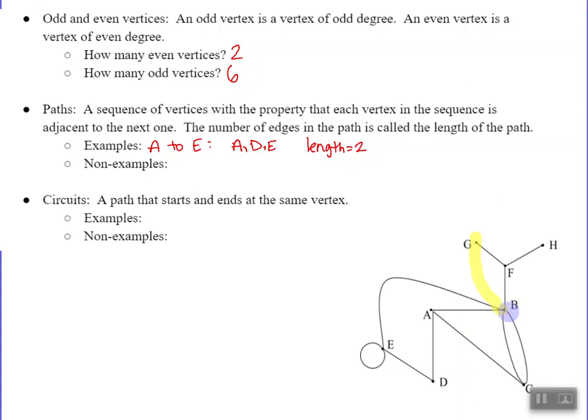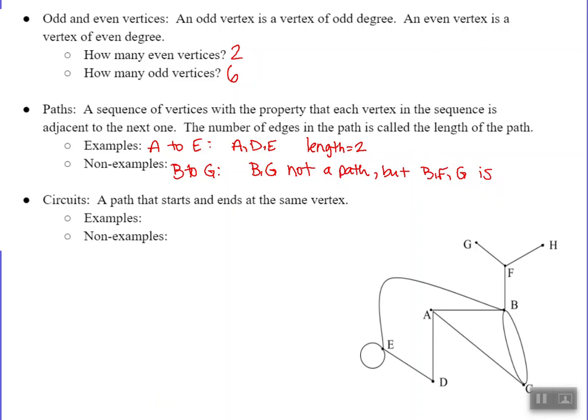You could do B, F, G, but the path B to G is not a path. But BFG is.